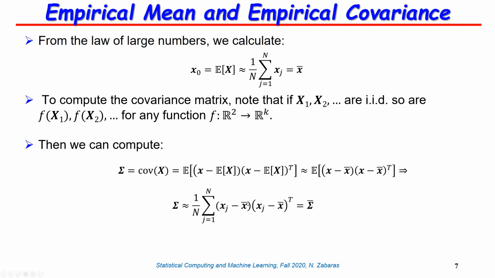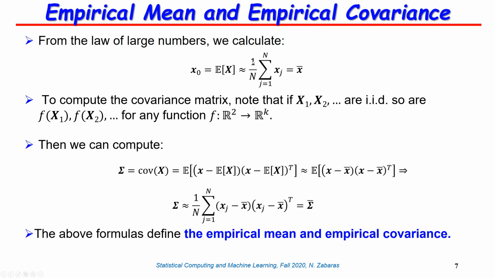Because we don't know the true expectation of x, we took another approximation within this approximation, that the expectation of x can be approximated with the sample mean coming from data. So this is again the empirical mean and variance. You can call them sample mean and sample variance. They're all the same for what we're interested in this course.